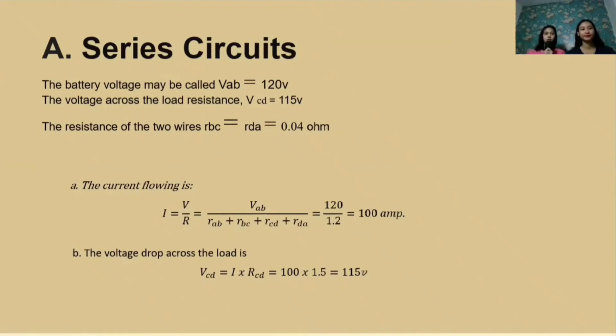We have the series circuits and the parallel circuits. We'll discuss the parallel circuits later, okay? A series circuit is a circuit in which there is only one path for electricity to flow.